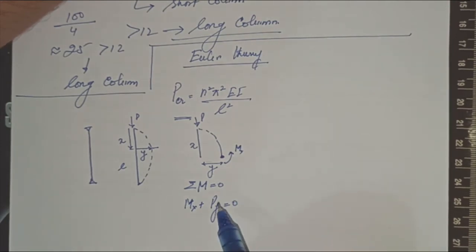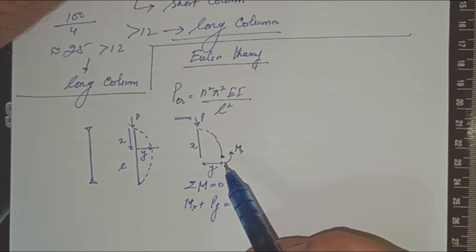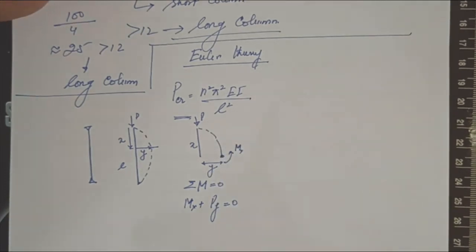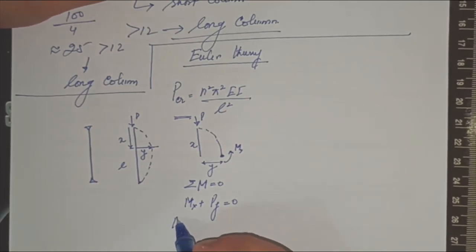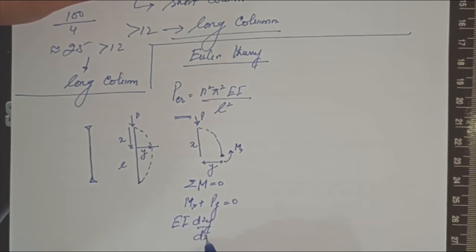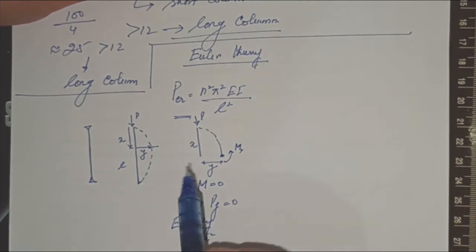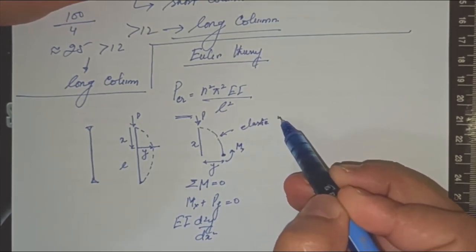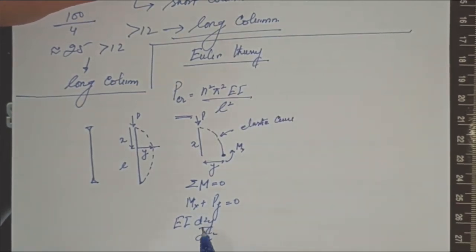Now you know that for the elastic part of the curve, this moment can also be written as EI d square y by dx square. This is the equation of the elastic curve, EI d square y by dx square.